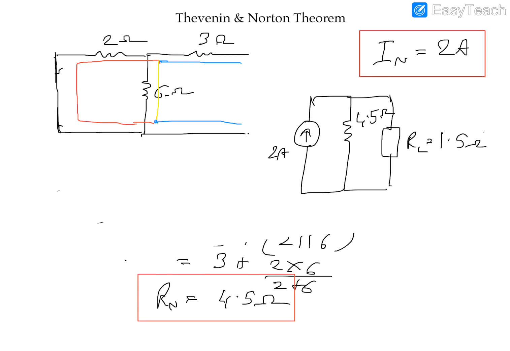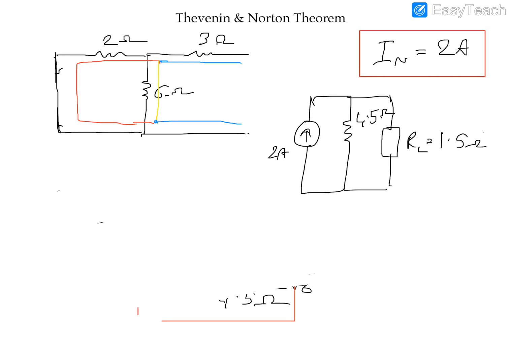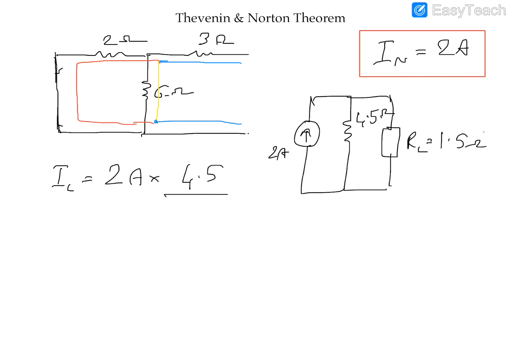Okay, guys. So now if I want to know what's the current flowing through my load, I can use Ohm's law and the current divider rule. So my load current would be my main current, 2 amperes, times the resistance in the other branch, which is 4.5 ohms, divided by the total resistance in both branches, that is 4.5 plus 1.5 ohms.